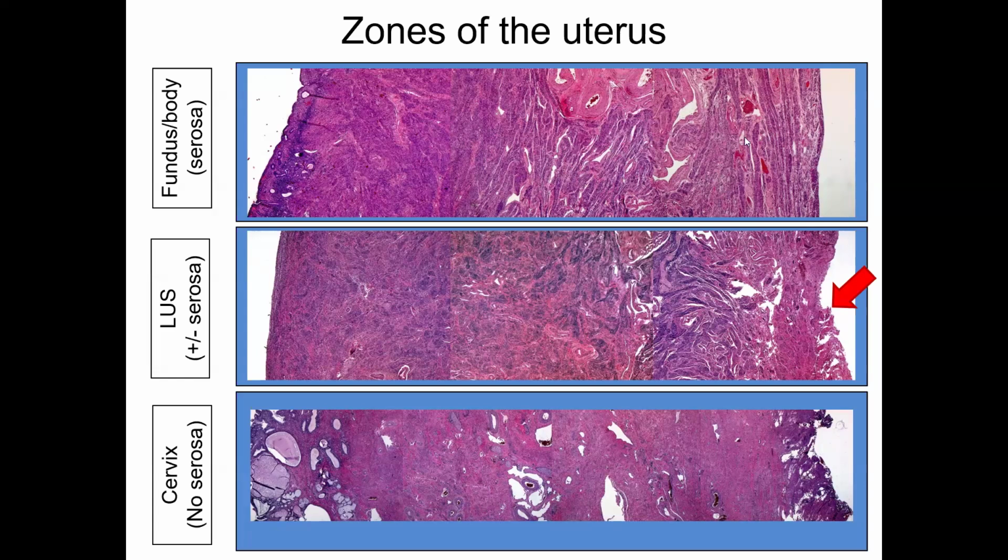I hope when you look at the section, you can tell if the section is from the fundus, if the section is from the lower uterine segment, or if the section is from the endocervical canal.